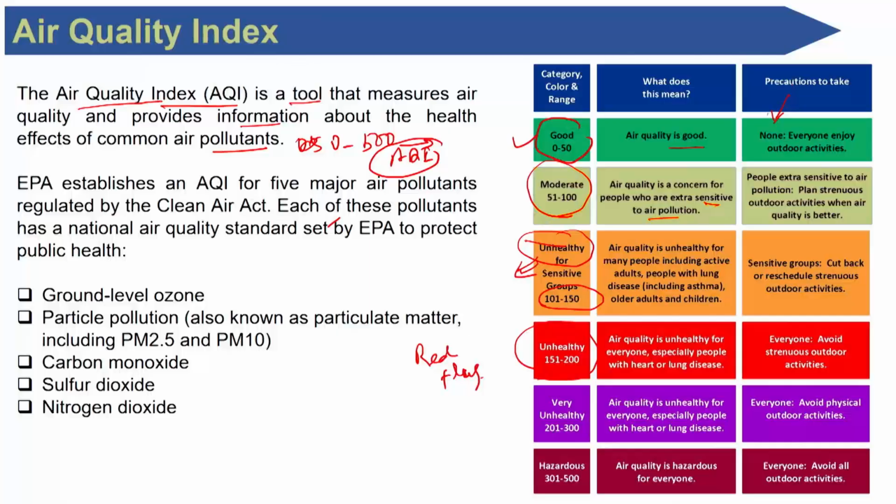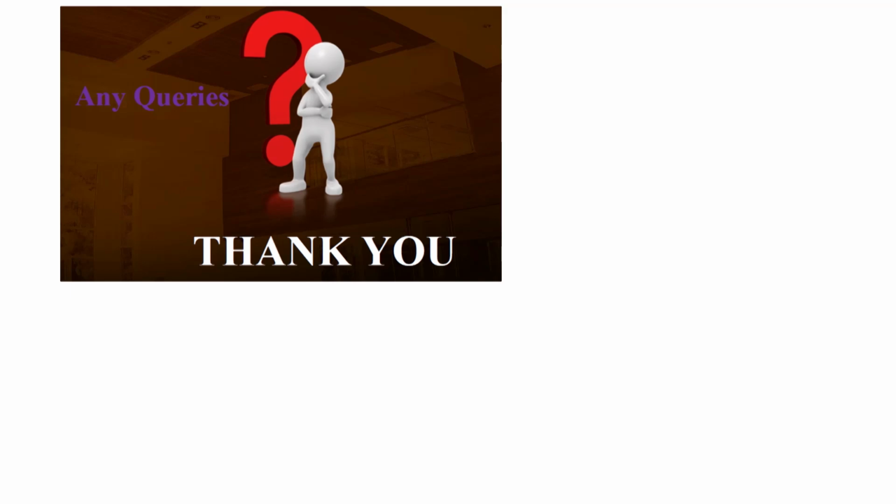Then 200 to 300 is very unhealthy, a pink alert. And then 300 to 400 is hazardous. No one should go out, but we still go out. We have to work, and lots of people are still working in these conditions as well. So this is the air quality index.